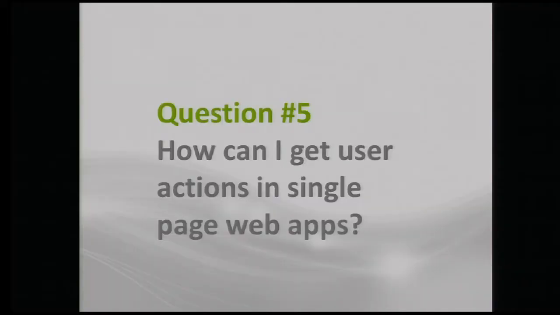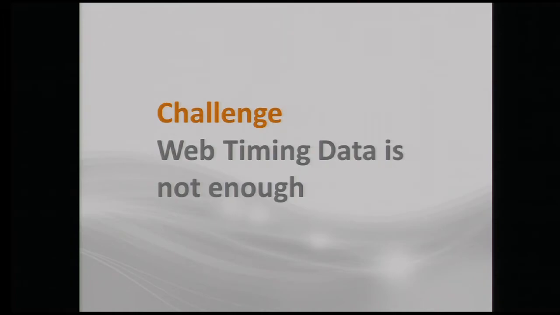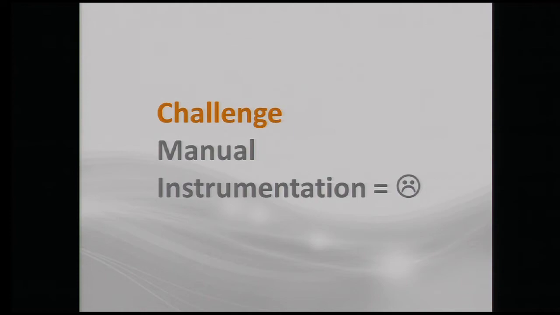Challenge number 5, how can I get user actions, or what the user was doing, for single-page web apps, also mobile HTML5 apps? How can I get information out there? Because web timing obviously isn't helping me a lot here. I just get the initial page load, but that's pretty meaningless for the information I want to get. Here again, manual instrumentation, putting all start-stop timers in my code. Does it really work? No, it doesn't. It's hard to do.